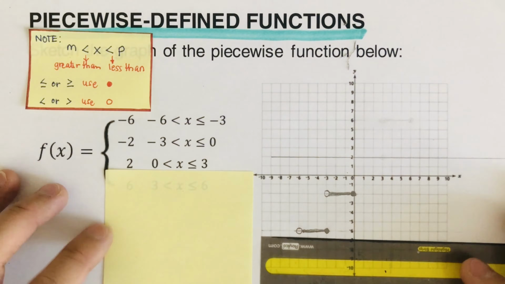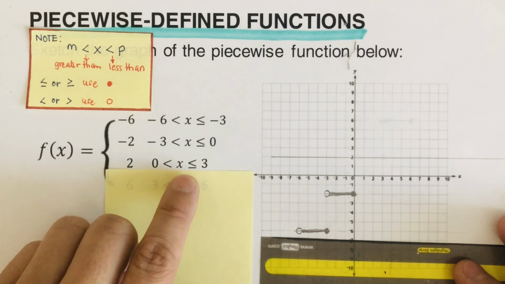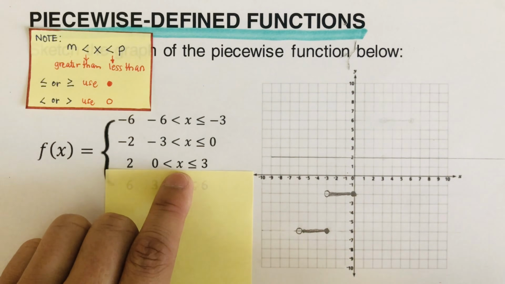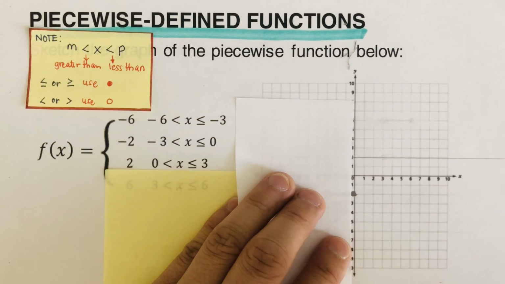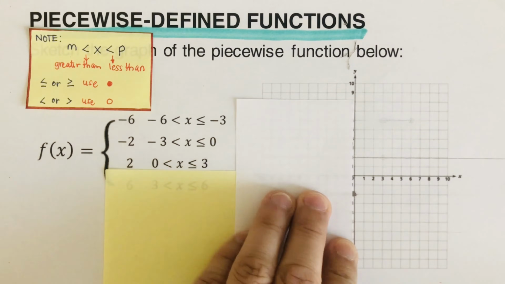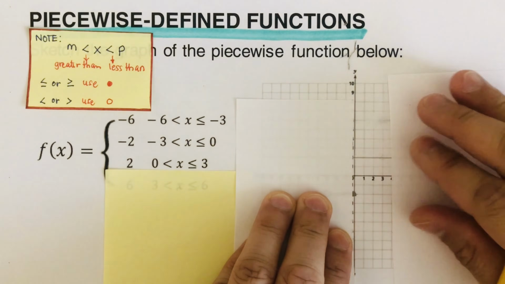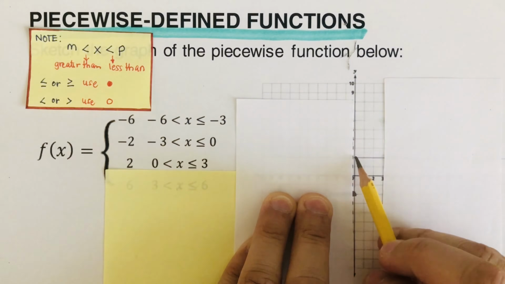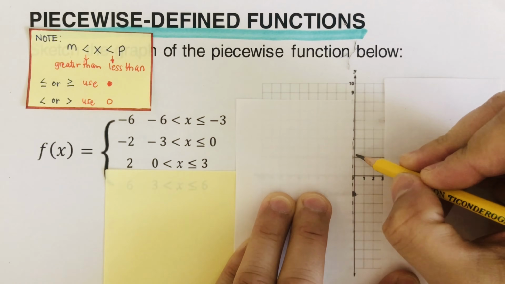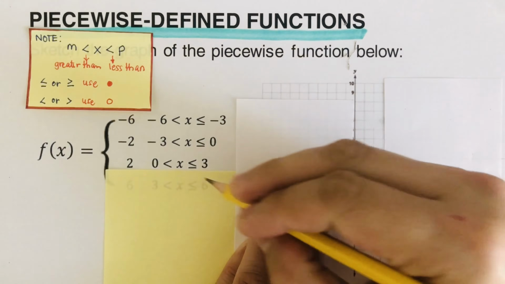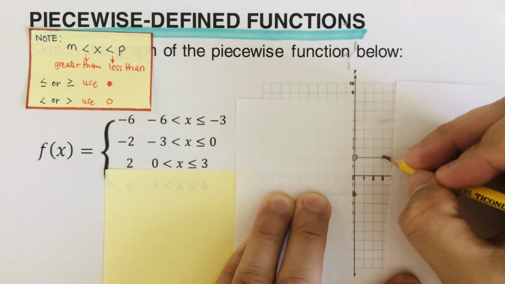But the condition says we are only supposed to consider x greater than 0 and x less than 3, so we only consider this part of the line. On 0, it's going to be an open circle, and on 3, it's going to be a closed circle.